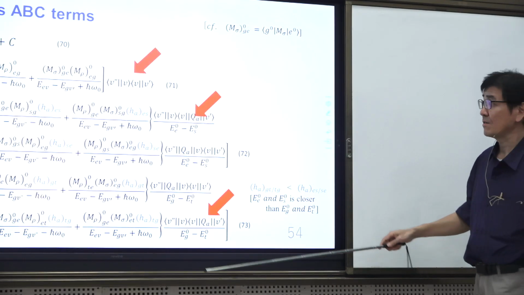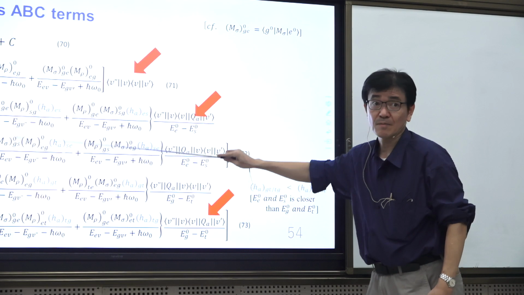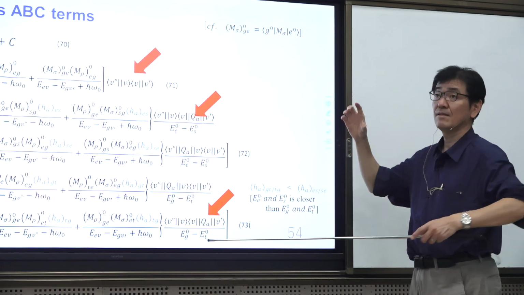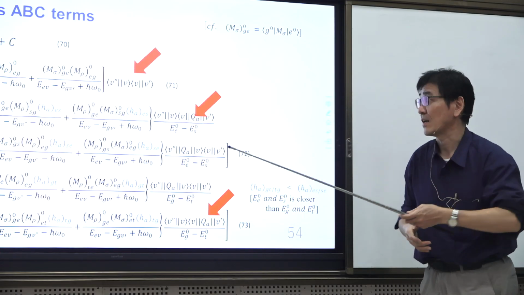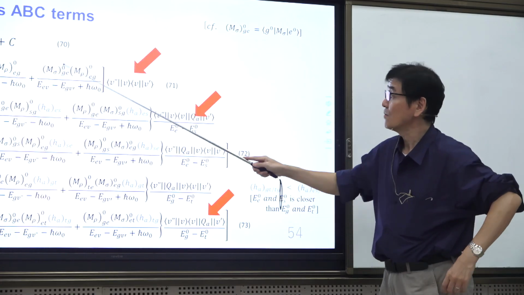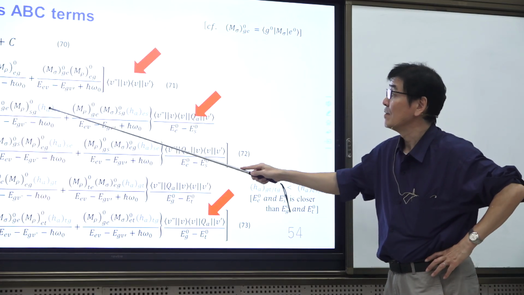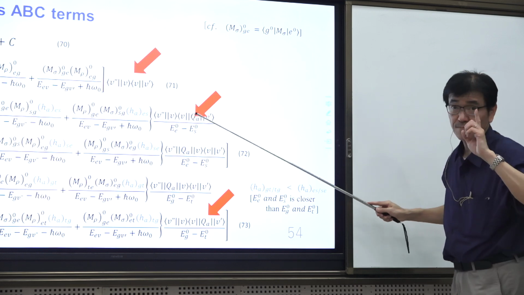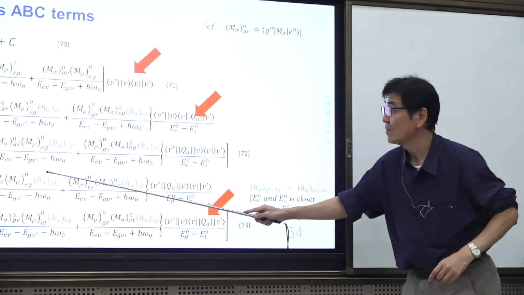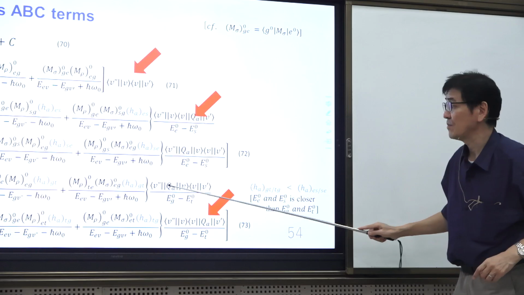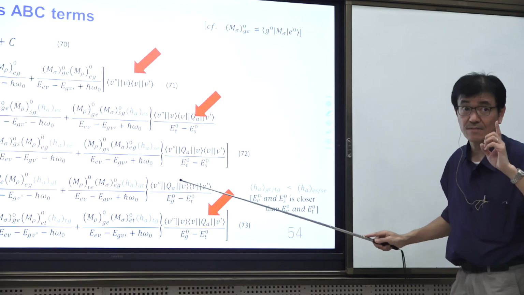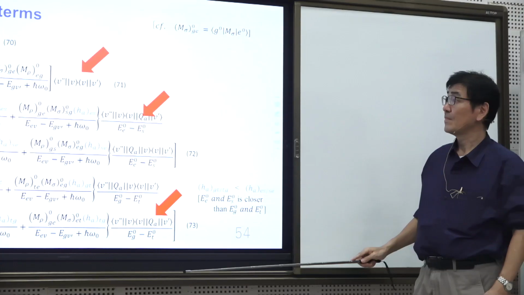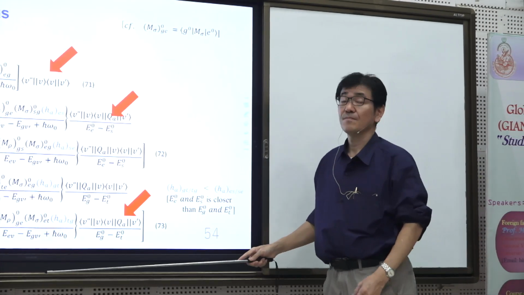On the other hand, B and C terms contain one mixing part, a mixing term. So the coefficient and coordinate q appear once. They are B and C. It's clear.